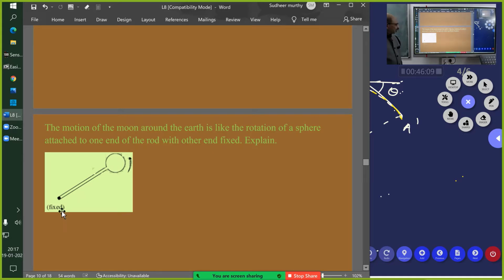With respect to earth, is it pure rotation, or curvilinear translation, or is it both? Moon with respect to earth, is it pure rotation or curvilinear translation or a combination of both?